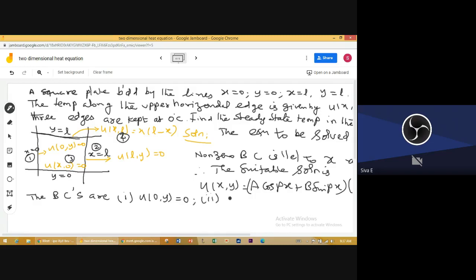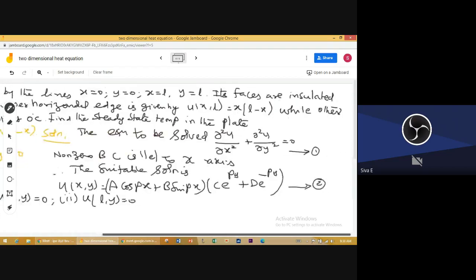Second boundary condition is u(L, y) = 0. Third boundary condition is u(x, 0) = 0.